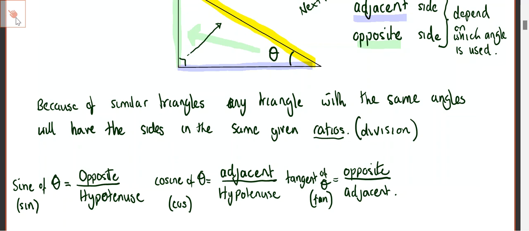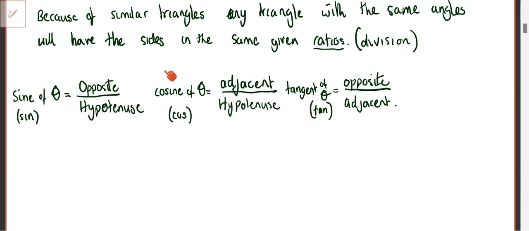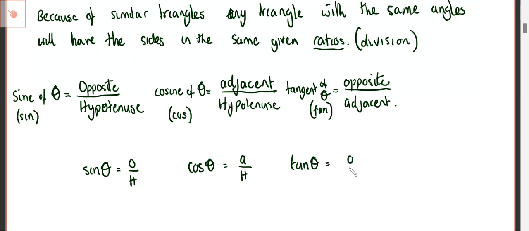So, what we do is we simplify how we write all that, and we say sine theta equals opposite over hypotenuse, cos theta equals adjacent over hypotenuse, tan theta equals opposite over adjacent, which I remember as SOHCAHTOA.